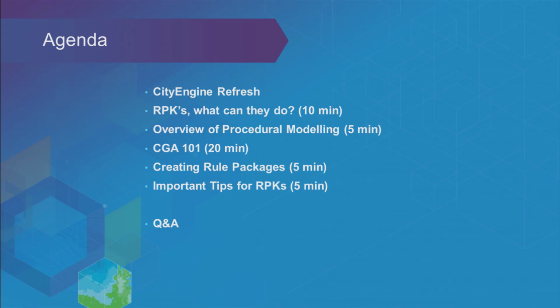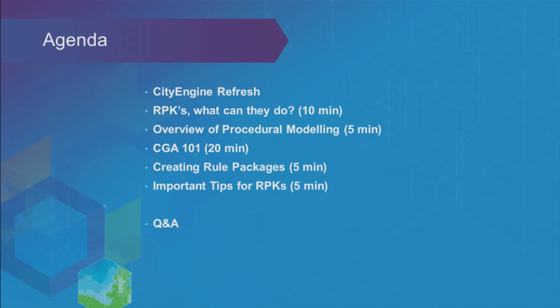So after I refresh on CityEngine, I'm going to show a little bit of using rule packages in ArcGIS Pro, show what they can do and how we're using them. Then we're going to go through a little overview of procedural modeling, what it is, what computer-generated architecture is, what rule packages are. Pascal is going to give us a little CGA 101 demo, as I mentioned.